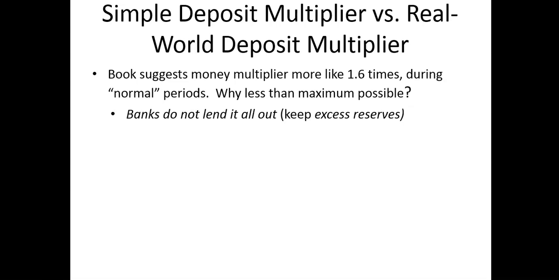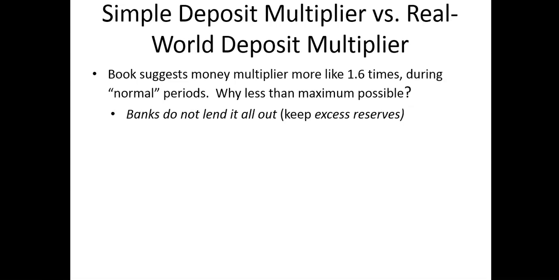But instead of lending out the 900 out of the 1,000, they only lend out 800 out of the 1,000. If that keeps happening each time, then that would already reduce it to 5. Right? And there are all kinds of other reasons why they might not lend it all out, because this isn't the only kind of regulation that they have. They also have capital requirements that we'll talk about later in another section.